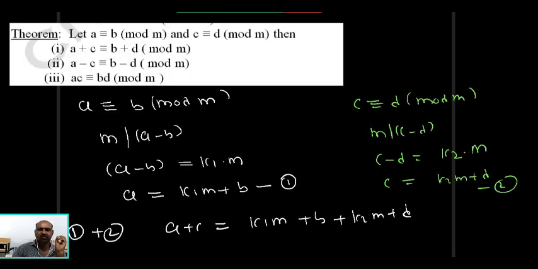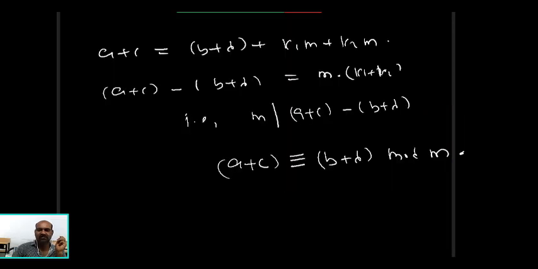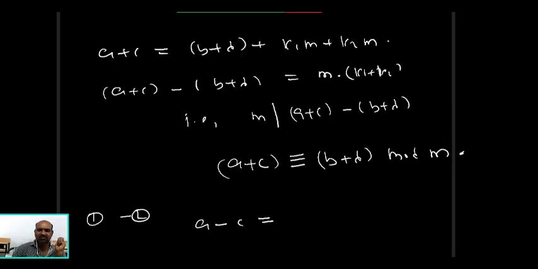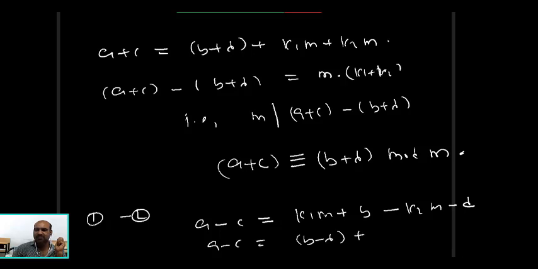Okay, now I will do result 2 also. What will I do? I will subtract 1 and 2. 1 minus 2: A minus C equals, students, A minus C equals k1 M plus B minus k2 M minus D directly, or A minus C equals B minus D plus these two terms, from which I can take M common, M times k1 minus k2.